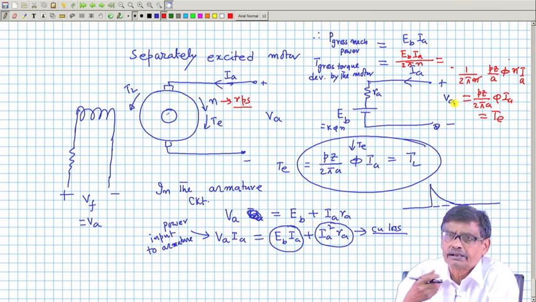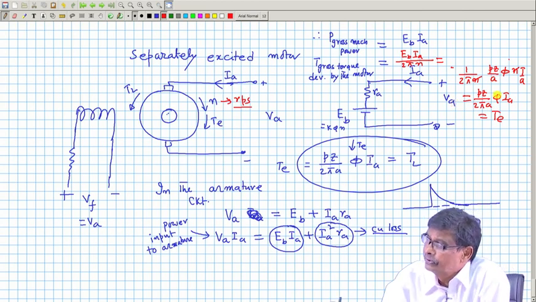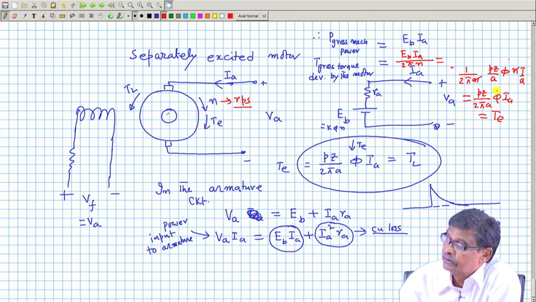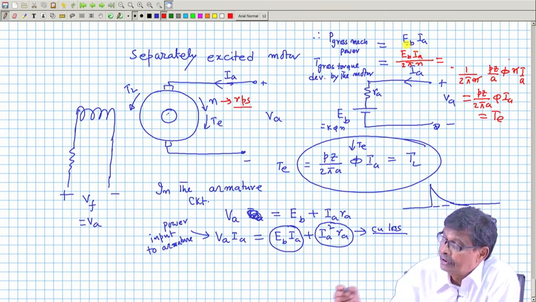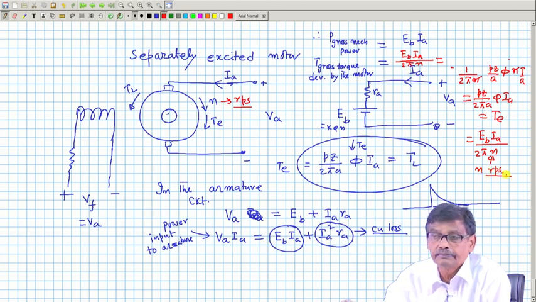We considered each conductor carrying current Ia by A, BIL, all summed or integrated. So, to calculate the gross torque developed, you can use this formula as well. Torque is basically Eb into Ia by 2 pi n, but do not make the mistake, n should be in RPS.